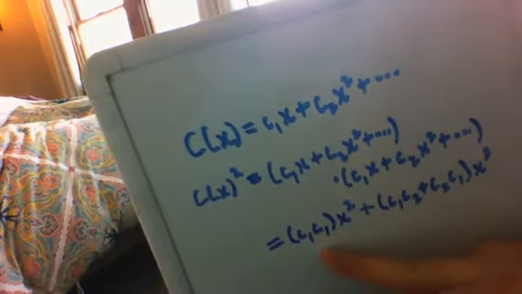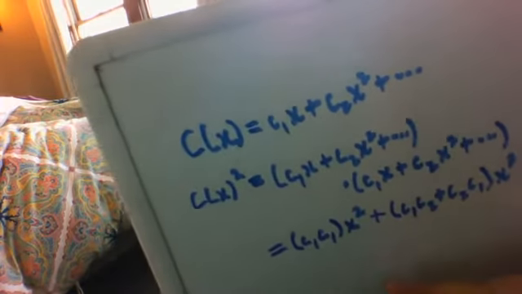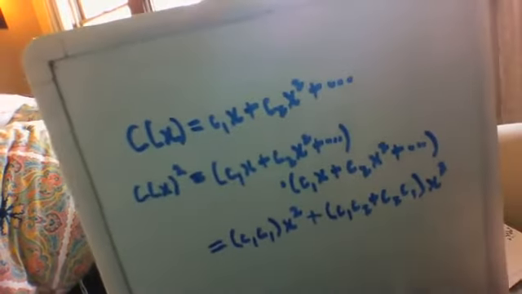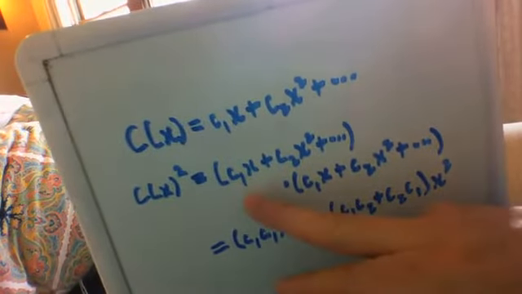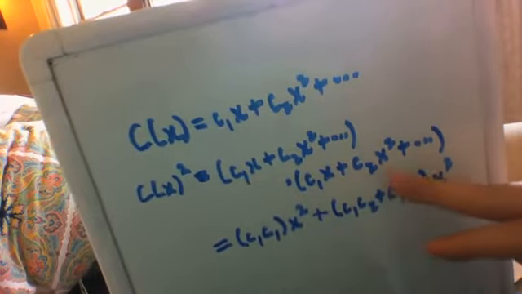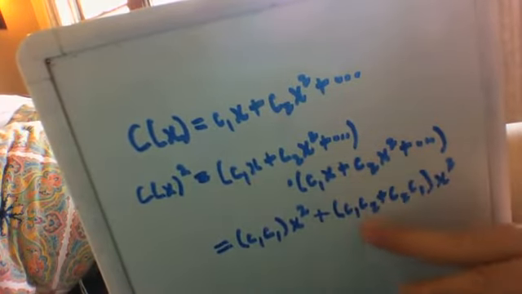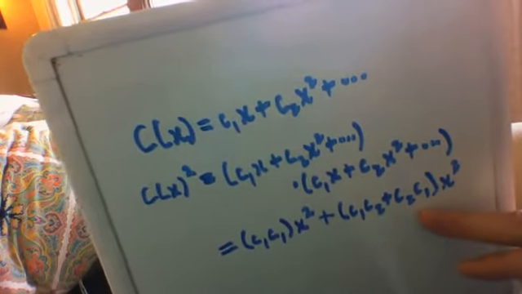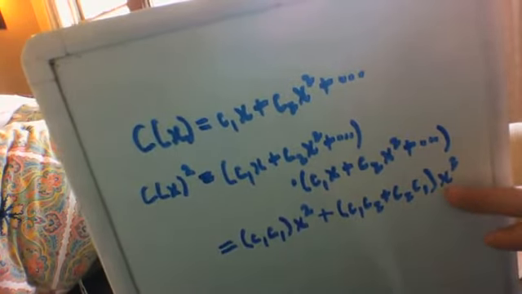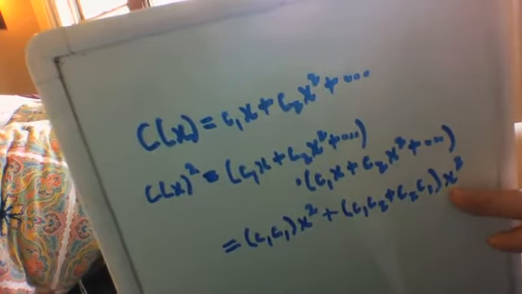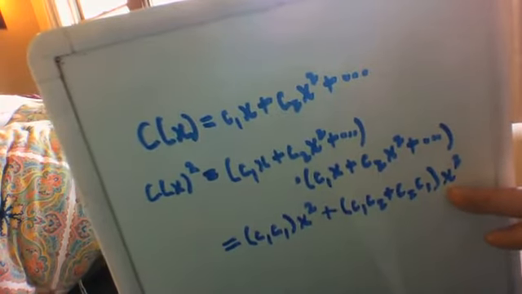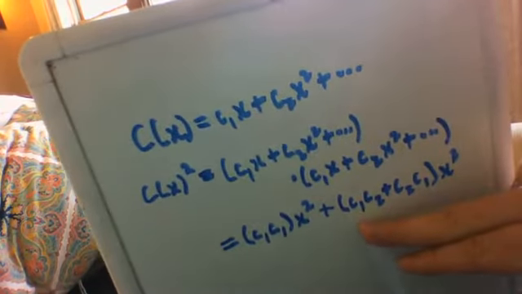What would the coefficient of x cubed be? Well, you would take C1 x times C2 x squared plus C2 x squared times C1 x. So that's the coefficient of x cubed. See what I mean? So look at that.